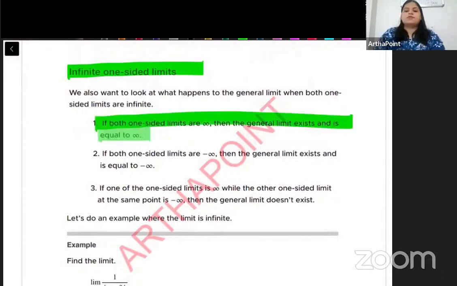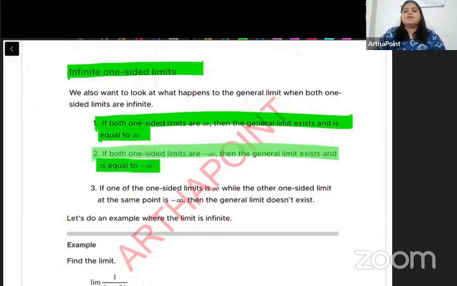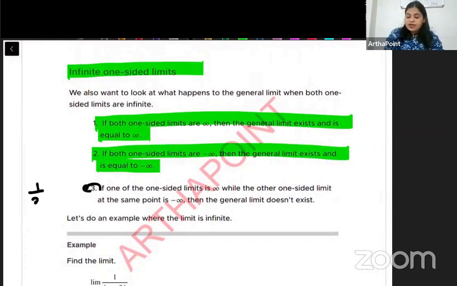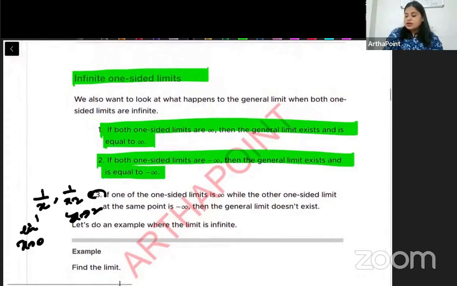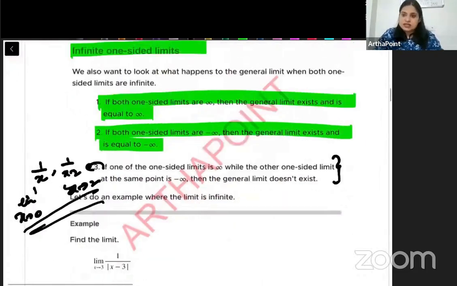Similarly, if both one-sided limits exist and both are equal to minus infinity, then also the general limit exists, and that is equal to minus infinity. Right? But if one-sided limits exist, but one is infinity and one is minus infinity, like 1 by x minus 2, here x approaching 2, then we proved that the limit does not exist.